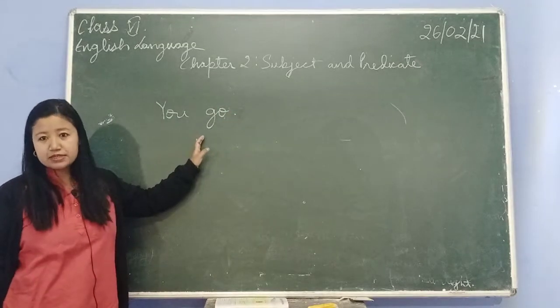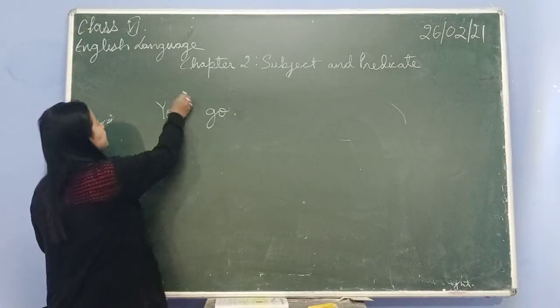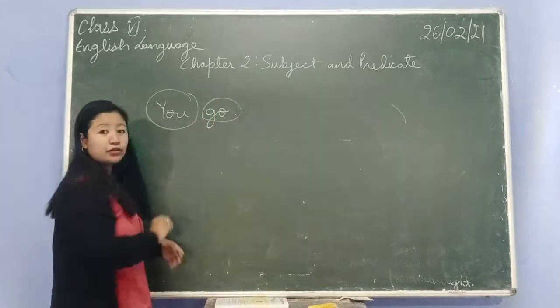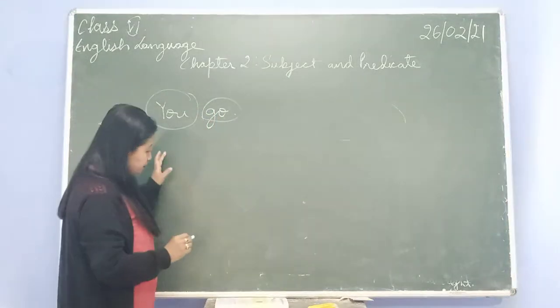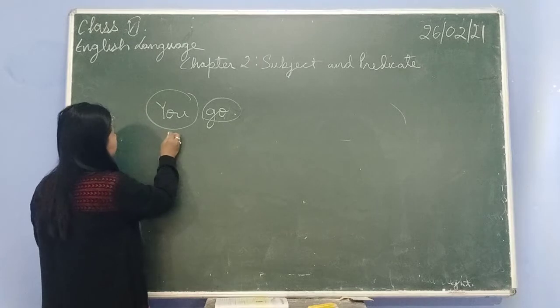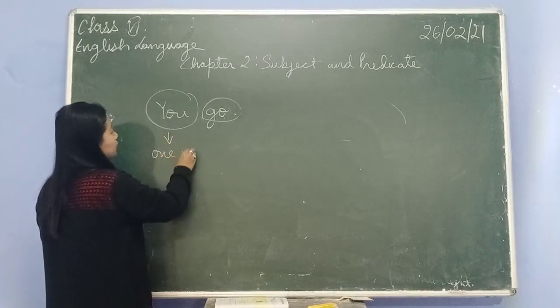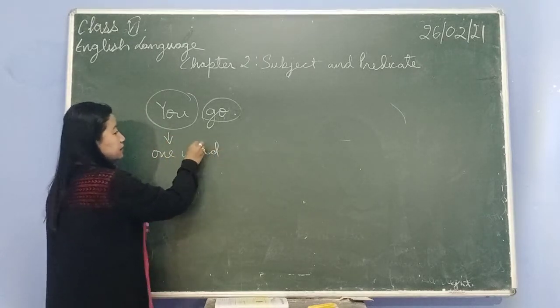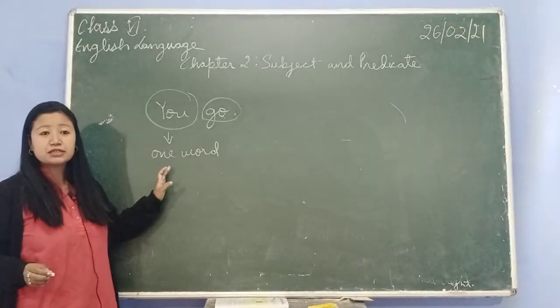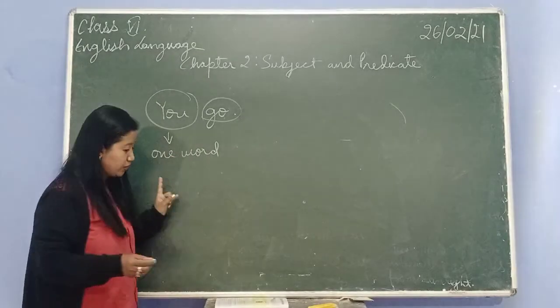Now you can see this is the subject, this is your predicate. If you see, this is only one word. Subject is how many words? Only one word.